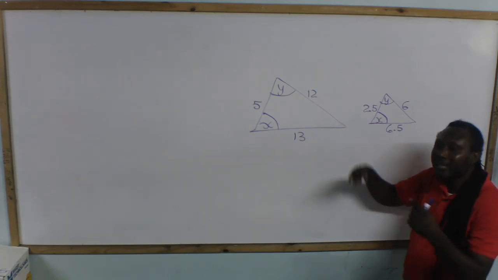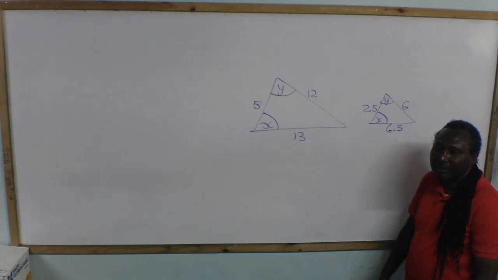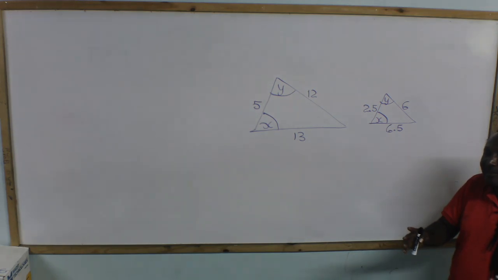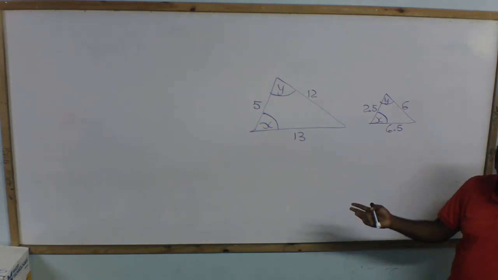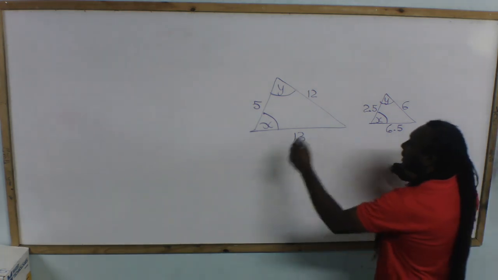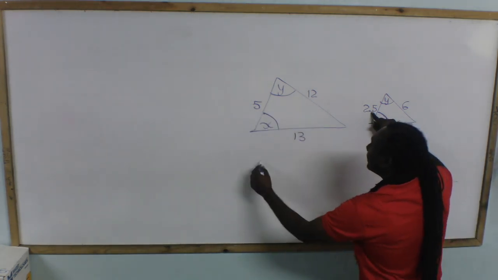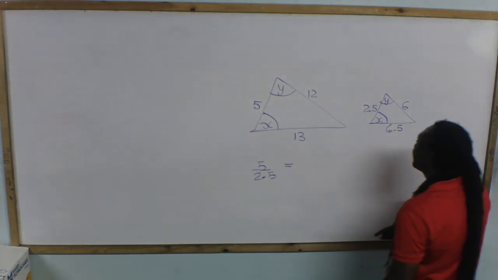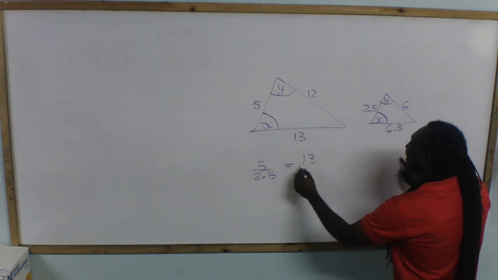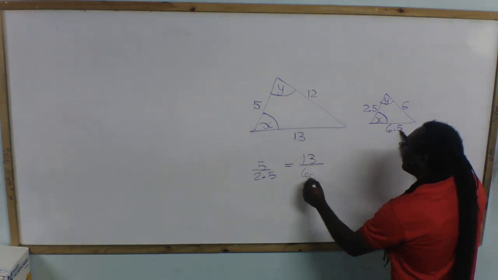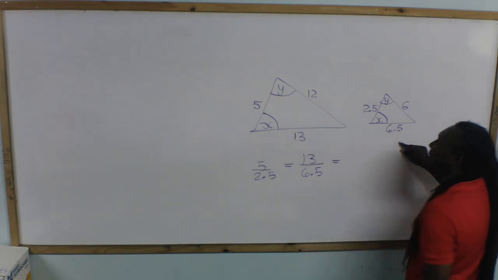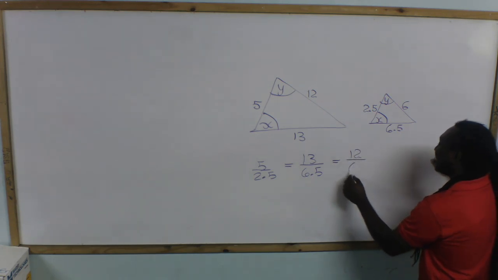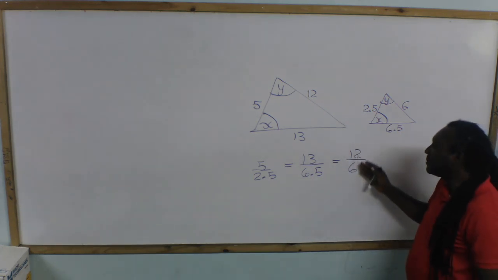For similar triangles, you put the sides in ratios, and then all of the ratios will be equal. So for the corresponding sides, 5 divided by 2.5 will be equal to 13 divided by 6.5, and that is going to be equal to 12 by 6.